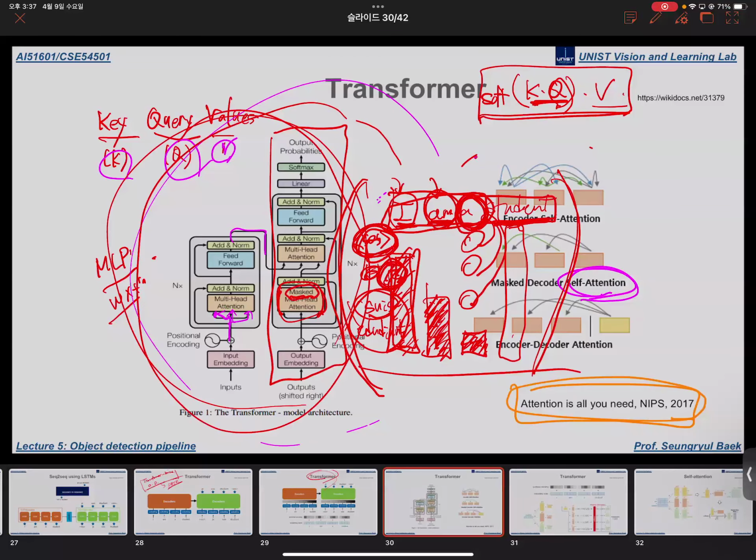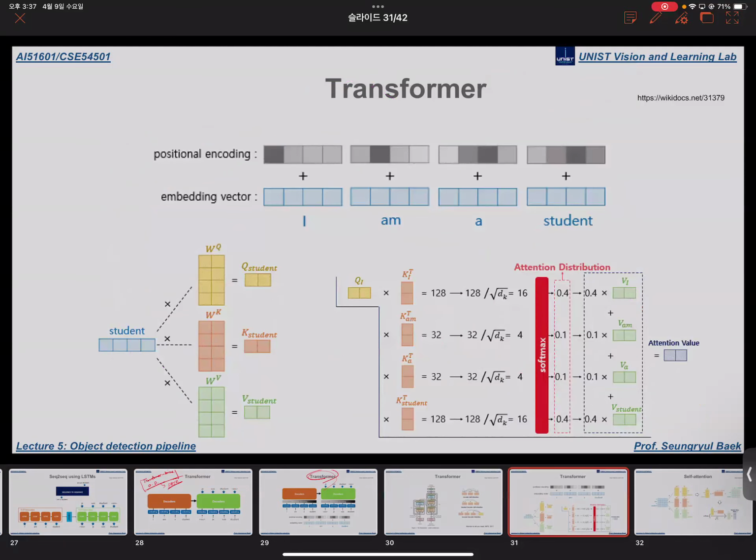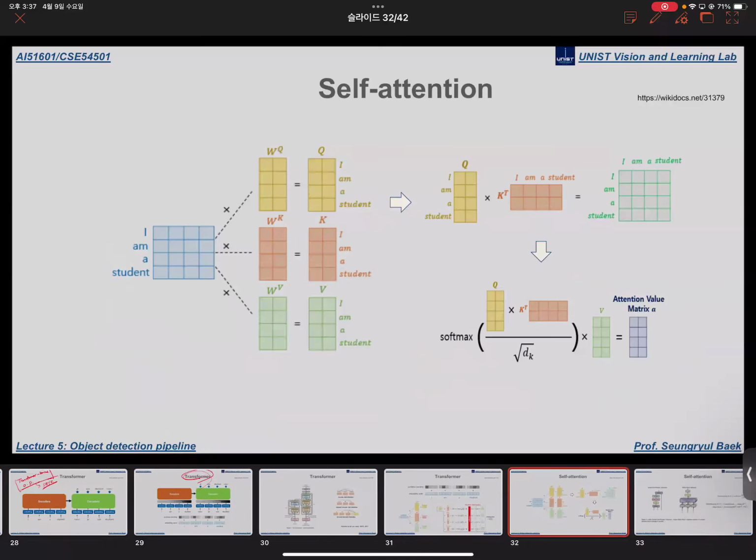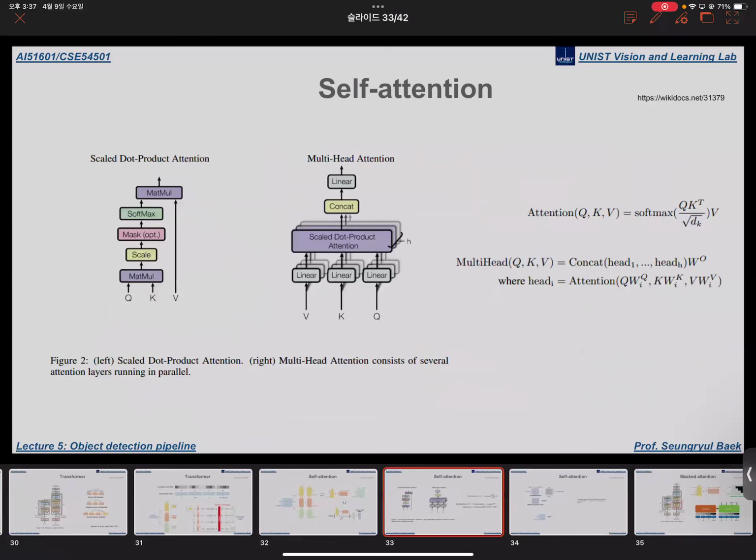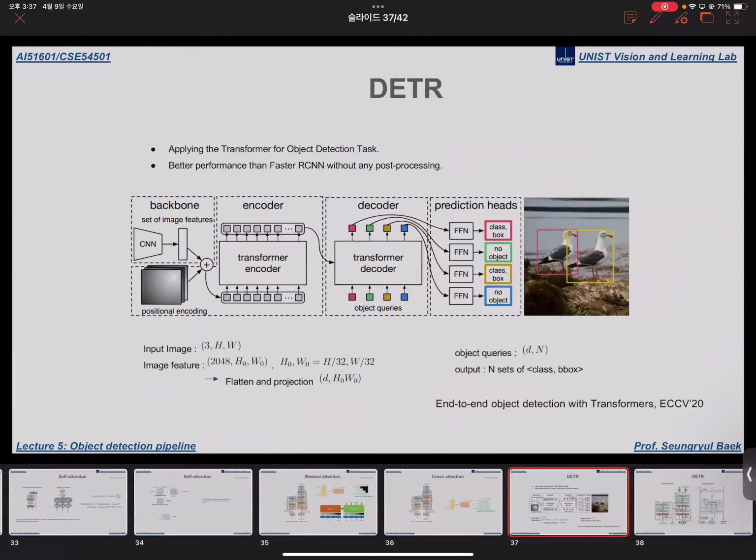Anyway, you have to understand that this figure is the same as this figure, and roughly understand how the transformer works. Maybe next Monday, I will further explain the detailed operation of attention using this kind of figure, and also explain multi-head attention. I will also explain DETR, the transformer-based object detector.